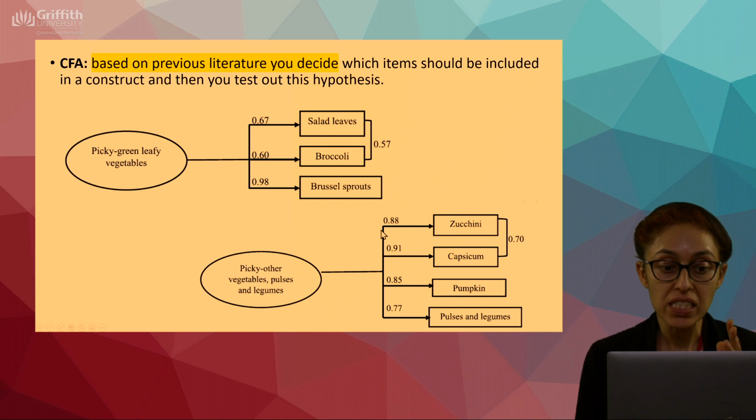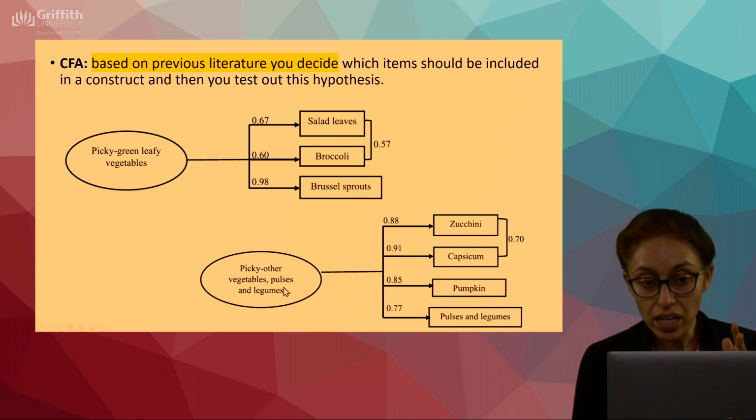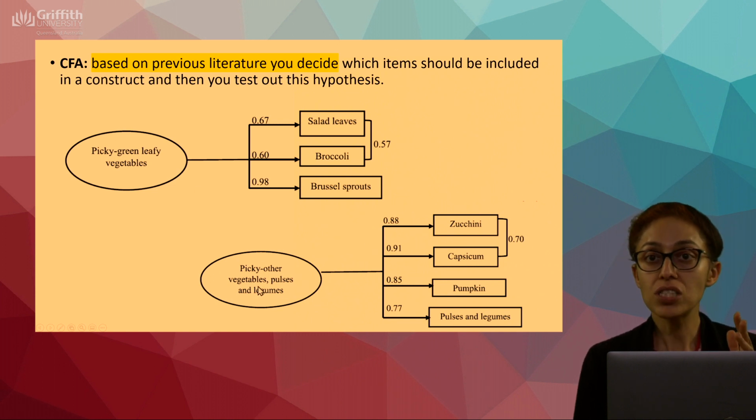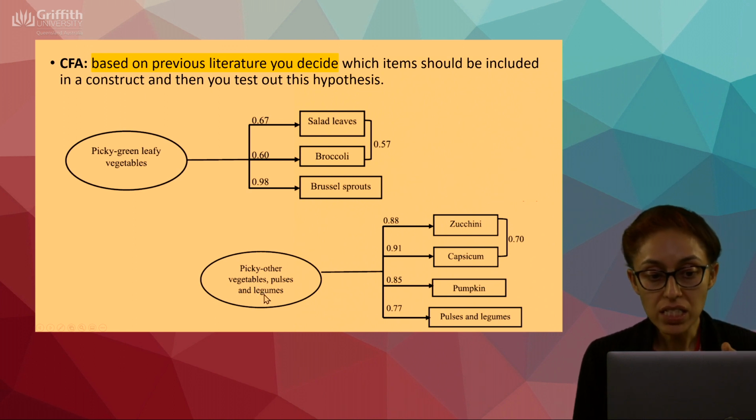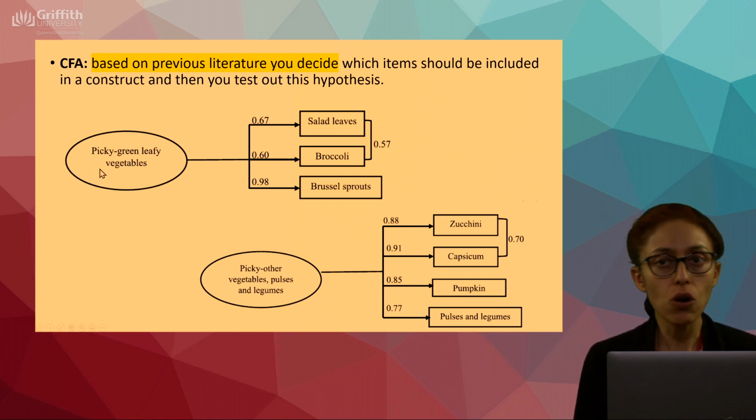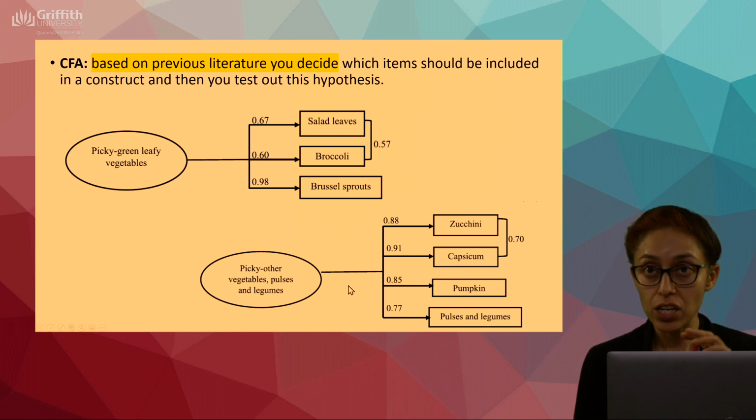Discriminant validity means that the second construct which I have, which is medium hate, is quite a different construct from my dark green leafy vegetables, meaning I cannot just club all of these items in and make one long simple questionnaire. No, these are meaningful little constructs that I need to make individually.